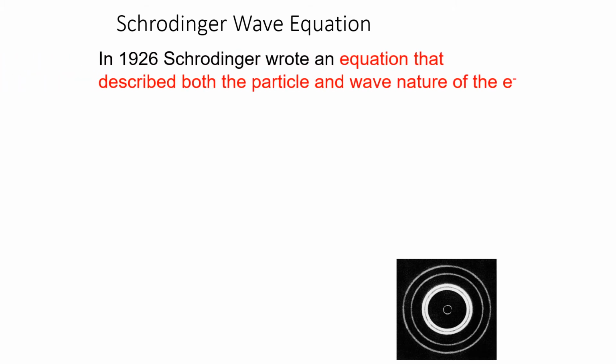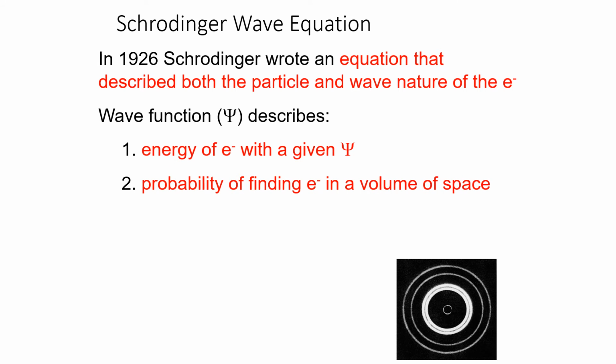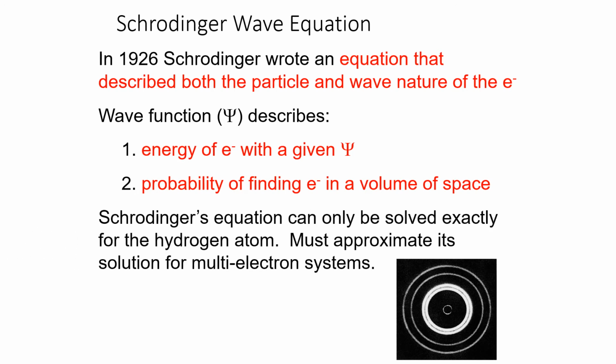He developed an equation that describes both the particle and wave nature of the electron. And the wave function describes, one, the energy of the electron with a particular wave function, and two, the probability of where we can find the electron in three-dimensional space.